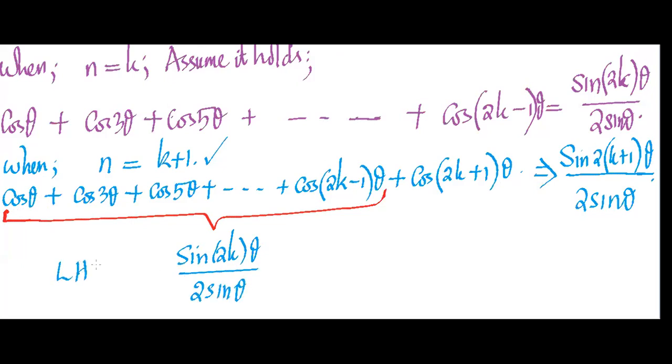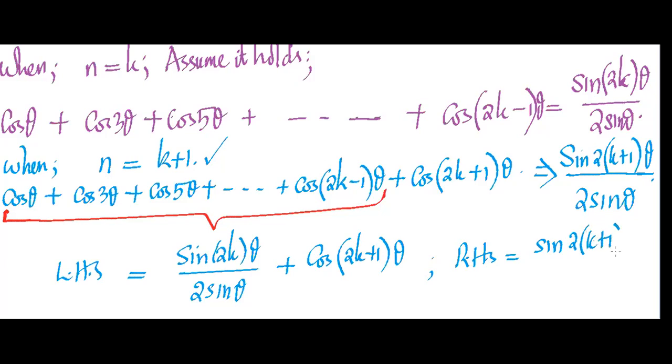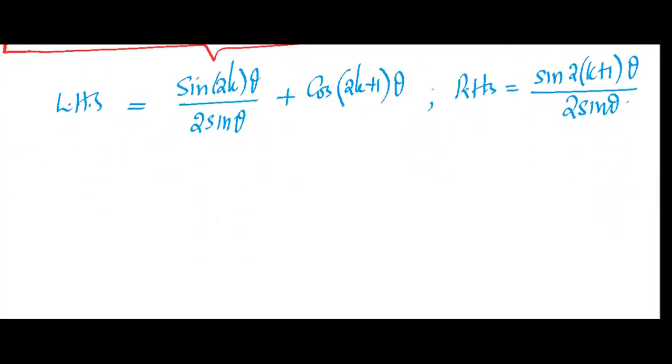This is now my left-hand side, but I'm adding on the nth term at k plus 1, which is cos(2k plus 1) theta. The right-hand side, which I must balance with, is sine of 2 into k plus 1 theta over 2 sine theta. Now, beyond this, it is trigonometry to react.